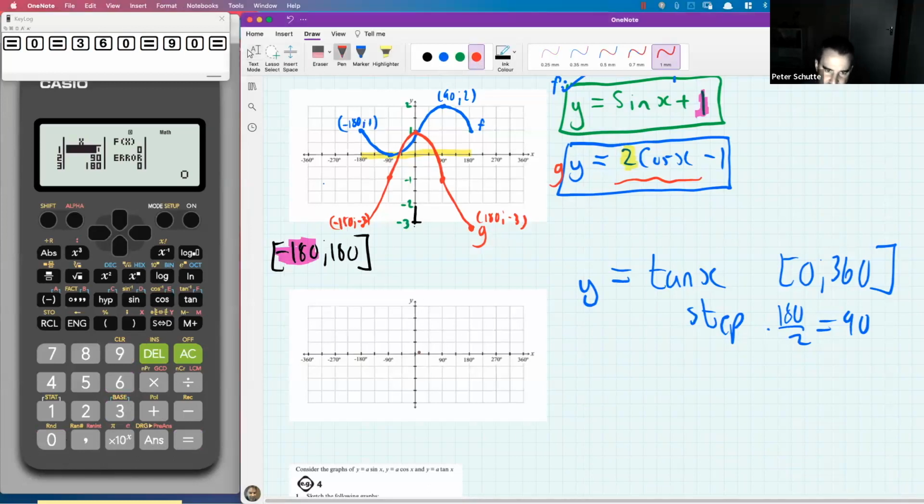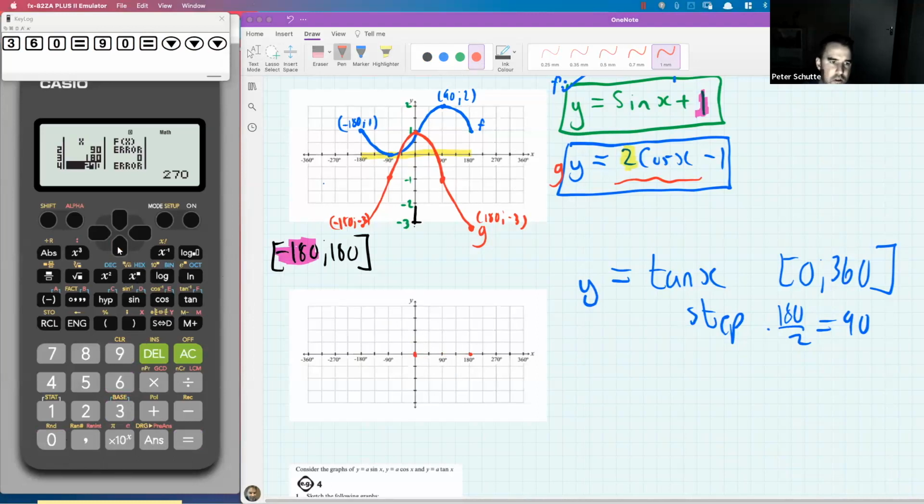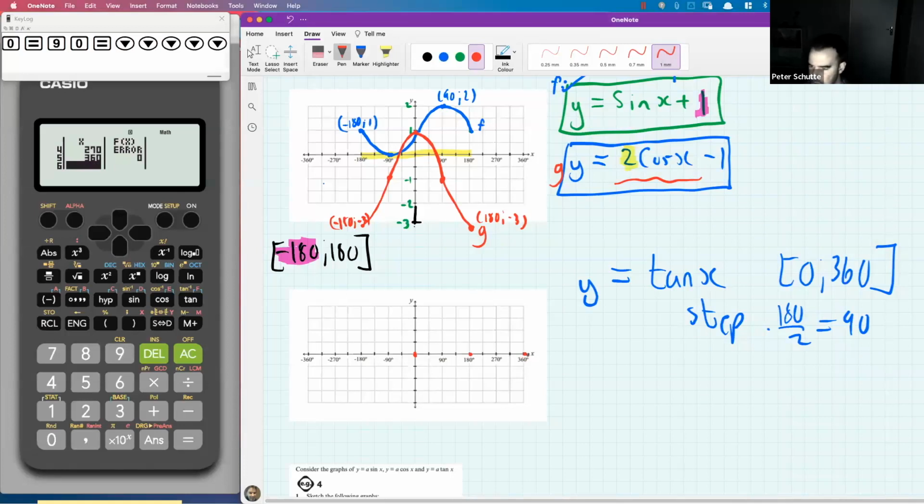So it says there's errors. What do the errors mean? Undefined, yeah. Or another way of saying it is there's an asymptote.